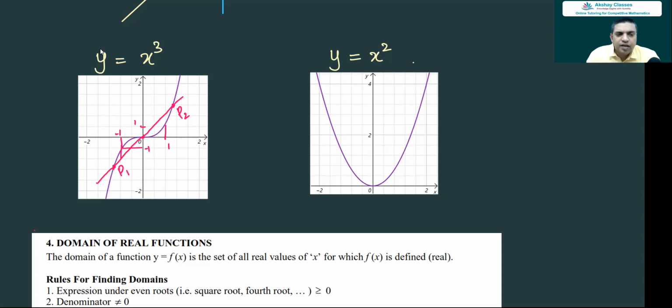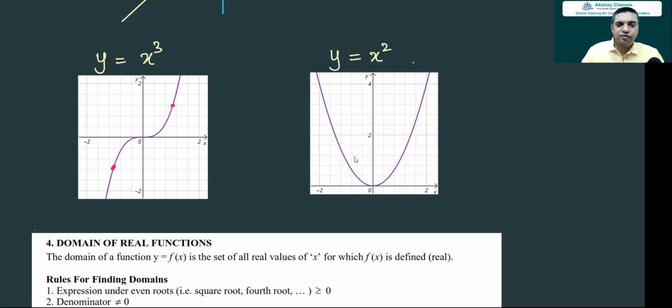So 1 comma 1 is a point on the graph, so minus 1 comma minus 1 will also be a point on the graph. Similarly, this is for an odd function. So an odd function is understood by its symmetry with a negative sign about the origin. The points will lie in a symmetric way in the opposite quadrants.